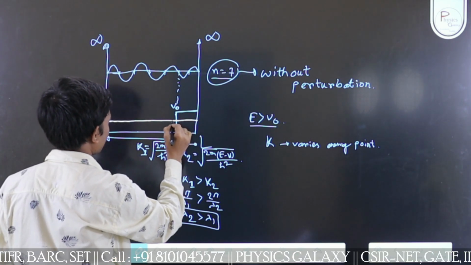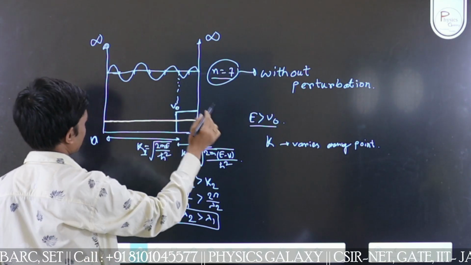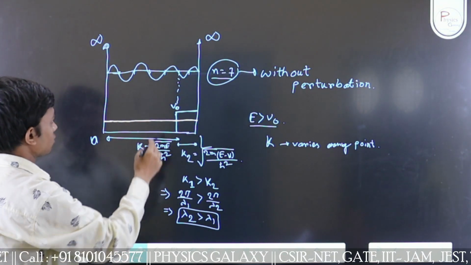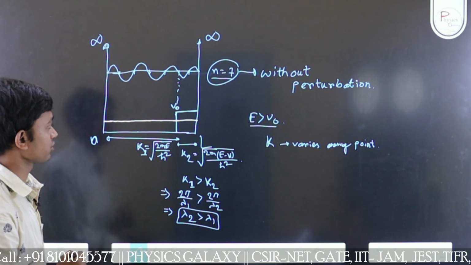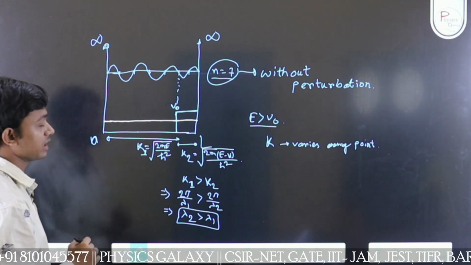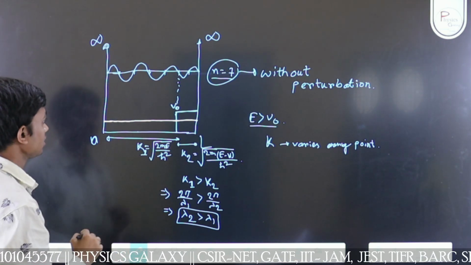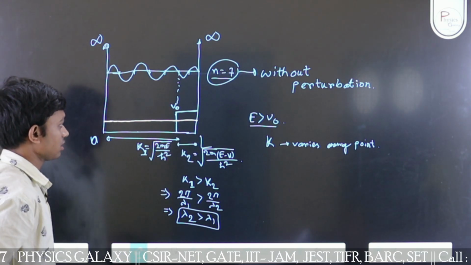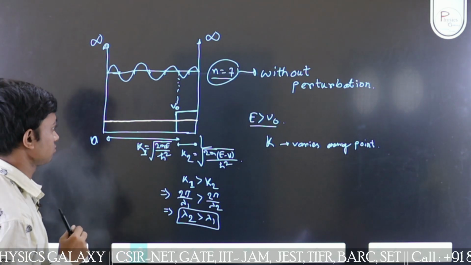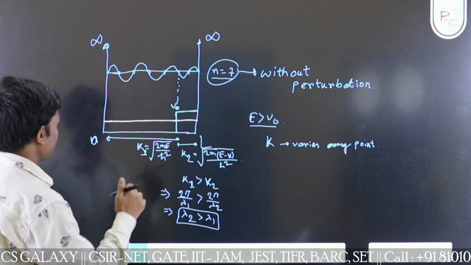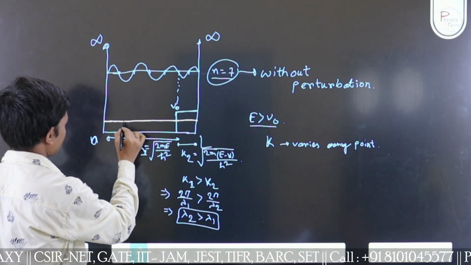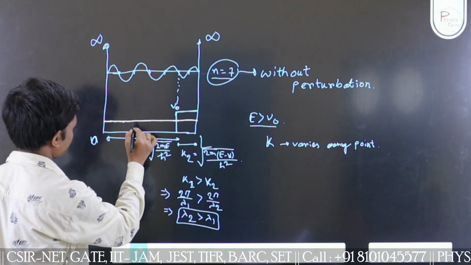So in this state, the total number of nodes remains the same. It is 6, but in the perturbation region there was no node. So the nodes are distributed like this.